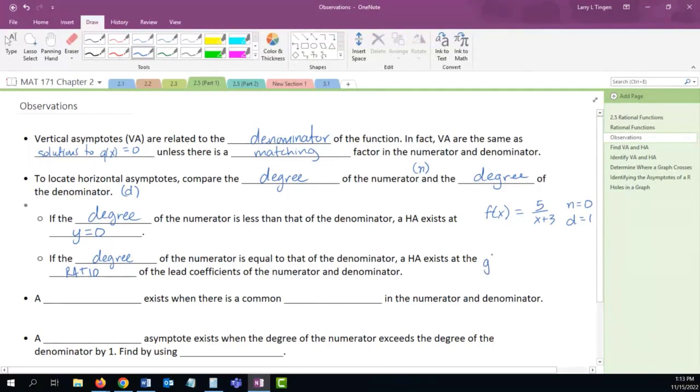So we saw this: 2x minus 3 over 5x plus 4, the horizontal asymptote is the ratio of the leading coefficients. Why is that? Because as x goes off to positive infinity, my numerator is going to head toward 2, my denominator is going to head toward 5. So where is this going to end up going? 2/5.